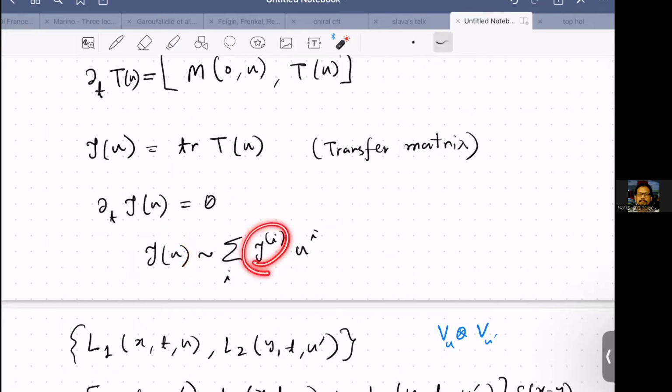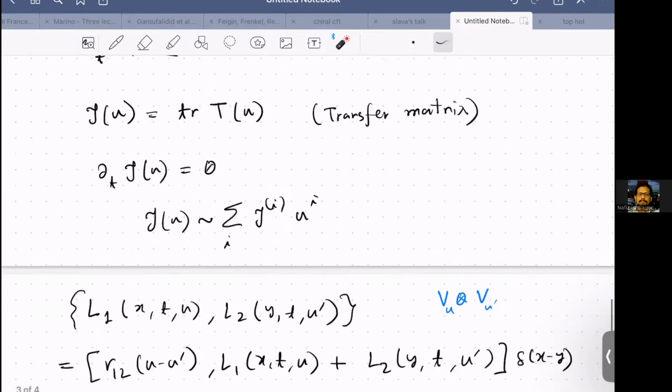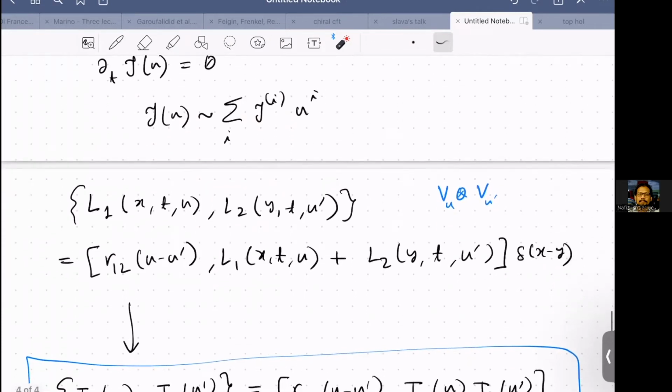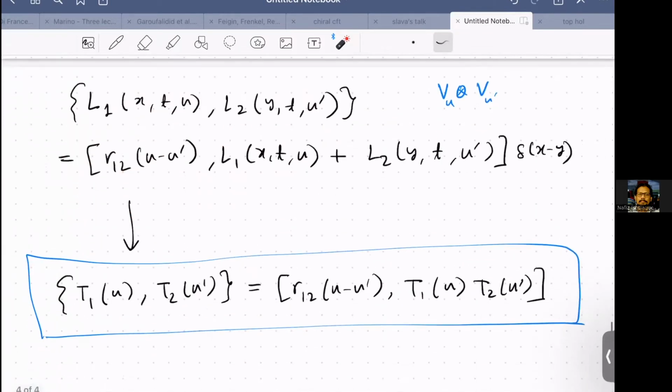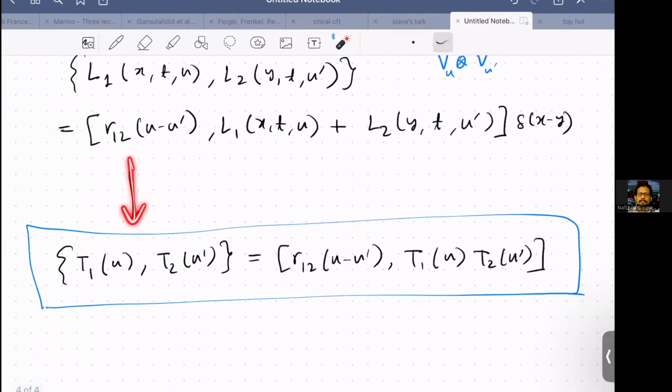So these coefficients, they are conserved. So these are our conserved charges. Furthermore, these conserved charges are in involution if our Lax matrix satisfies this equation involving the R matrix. And from this, we found the Poisson bracket of the matrix components of the monodromy matrix.